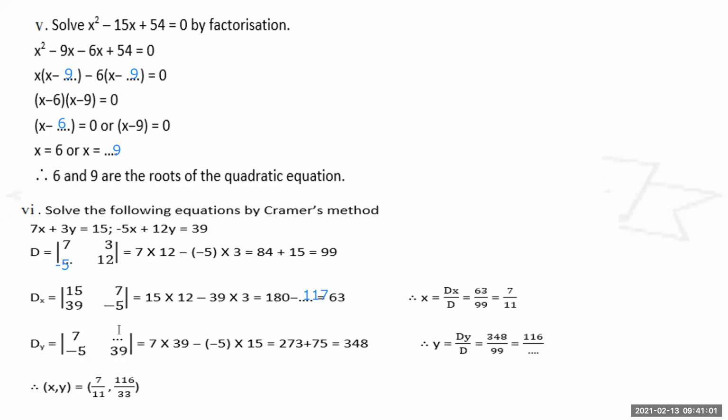So which number is missing? That is 15. So you get 7, minus 5, 15, 39. Is this clear? So all the 4 blanks are covered. Is this clear to all the students? Yes, sir. So let's move ahead.